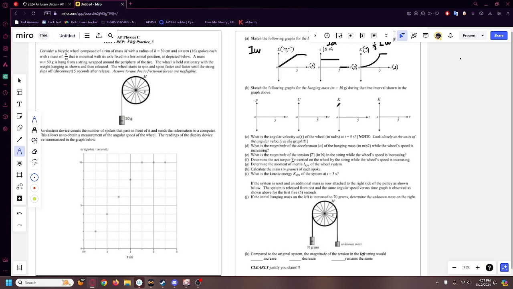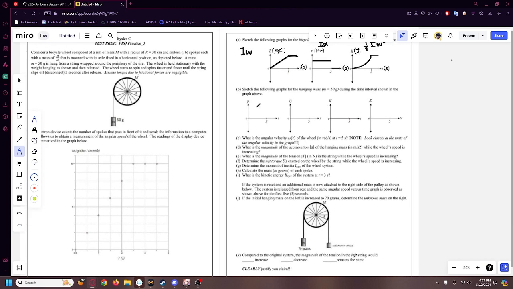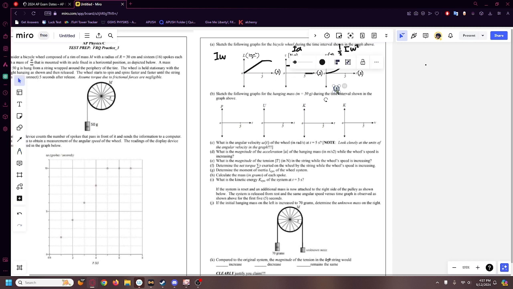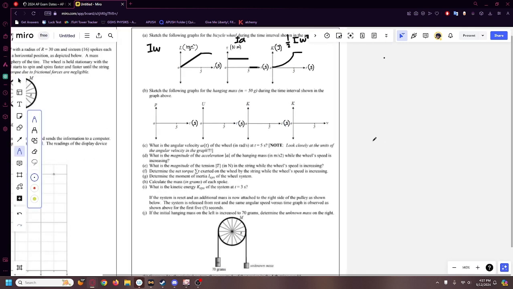So part B asks for the graph of the hanging mass. So first, they're all over seconds, this way. And the last one is over velocity, which is meters over seconds.